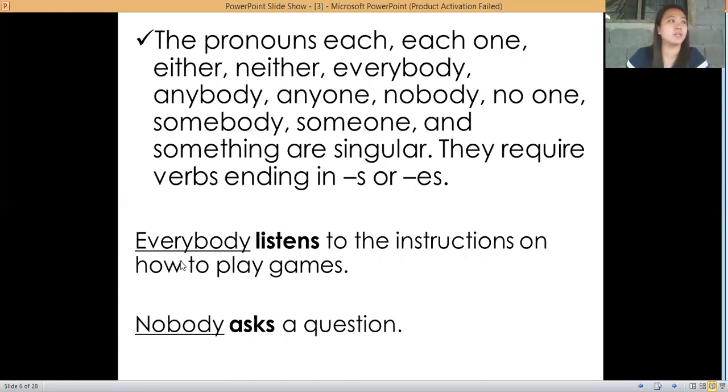So now I'm gonna read, everybody listens to the instructions on how to play games. The subject is everybody, and the verb is listens. Next, nobody is our subject, and the verb is asks. Nobody asks a question. Okay, so that is our fourth rule.